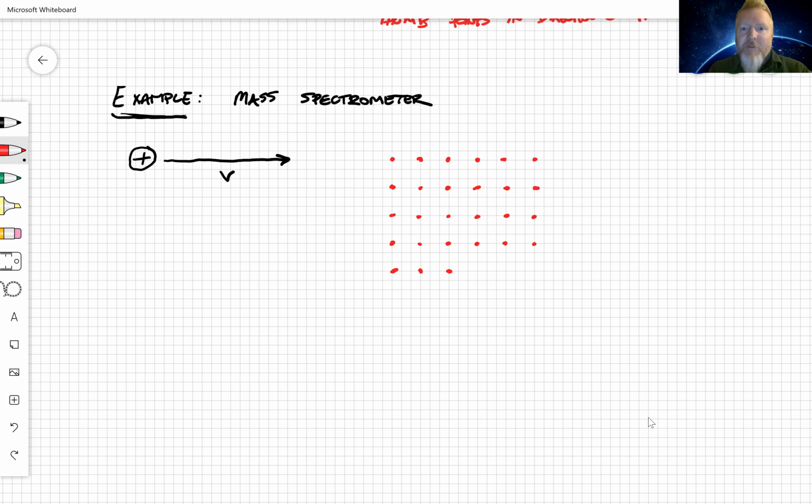So here's the magnetic field that I want this charge to go into, and it's pointed outwards. So it's almost as if, like I said, it's between two poles of a horseshoe magnet.